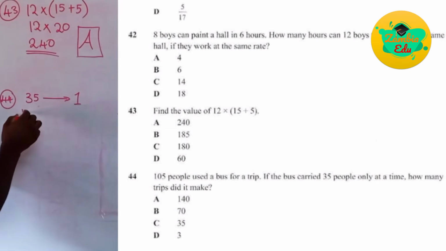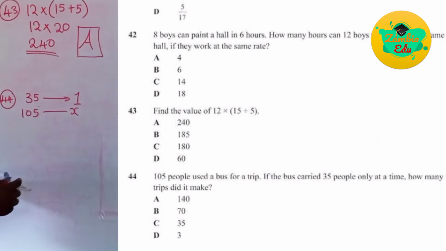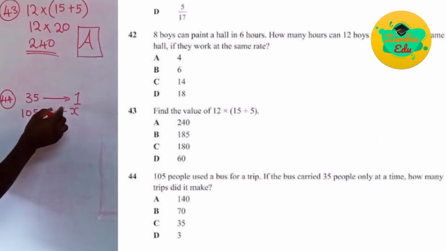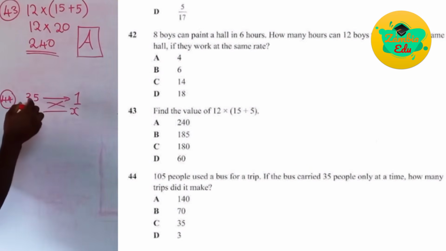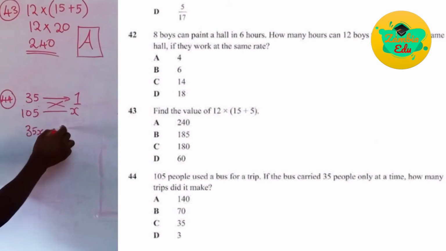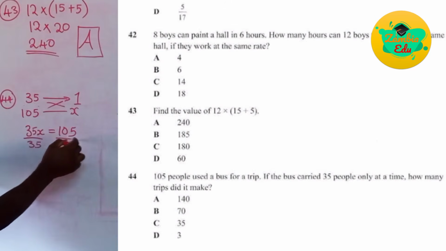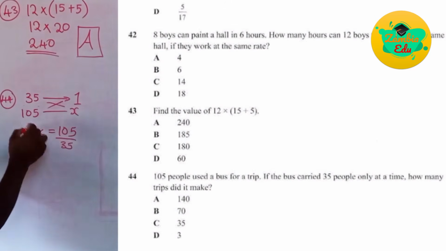So now what about 105 people? It will give us, we don't know, that's what we are looking for. To get that, let's cross multiply. 35 times x gives us 35x being equal to 105 times 1, which is 105. So we divide by 35 on both sides and cancel that.